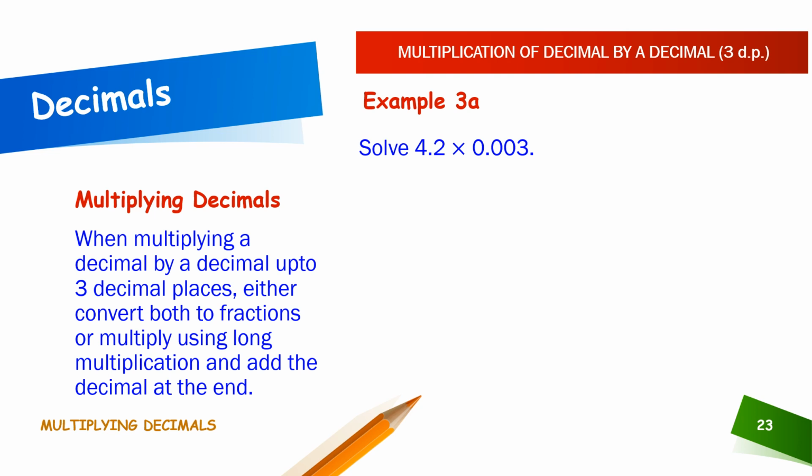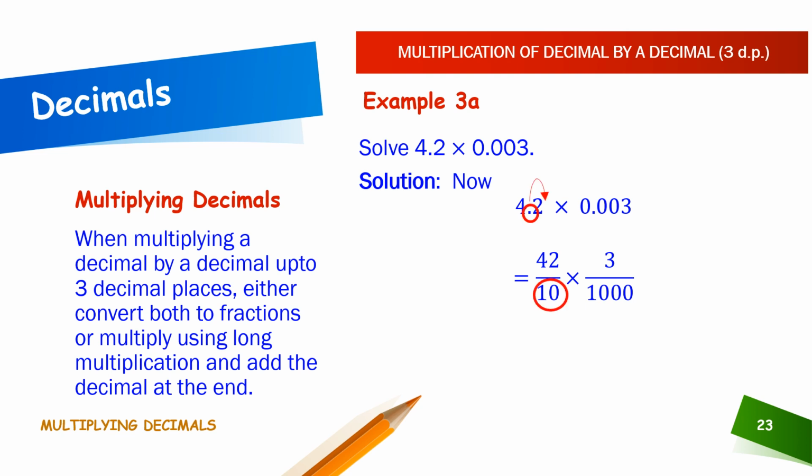When multiplying a decimal by a decimal with up to 3 decimal places, either convert both to fractions or multiply using long multiplication and add the decimal at the end, as in a previous example. Let's try the example shown on the screen. We begin by converting both decimals to fractions, as shown.